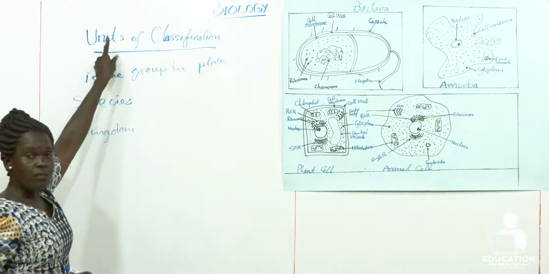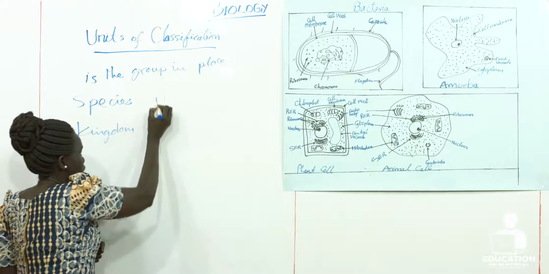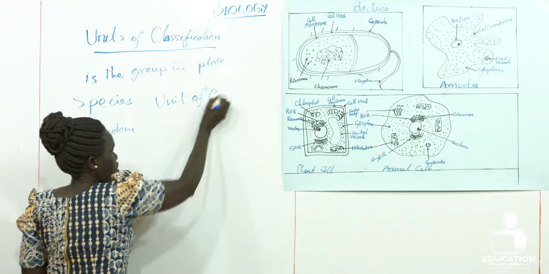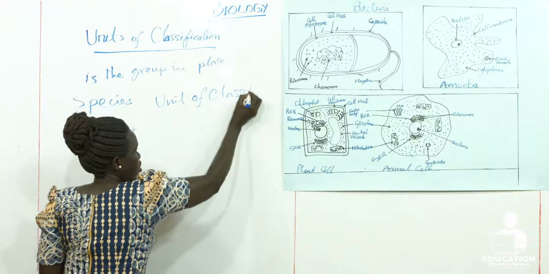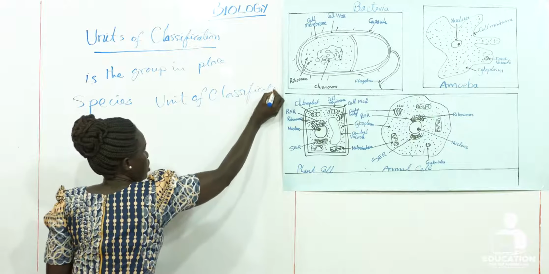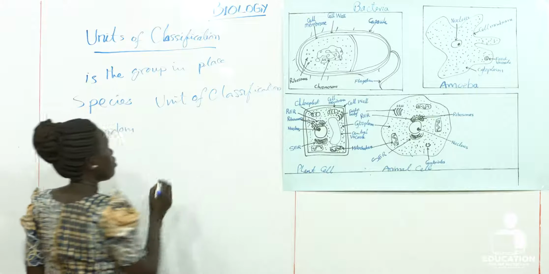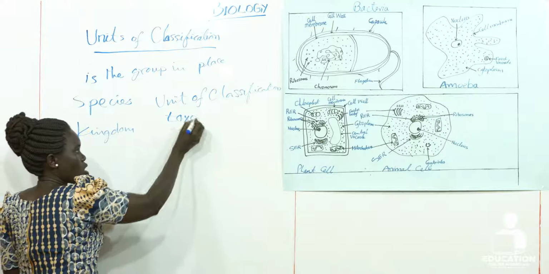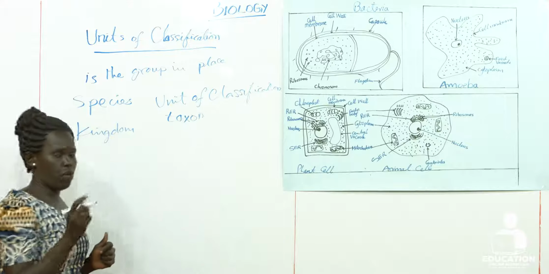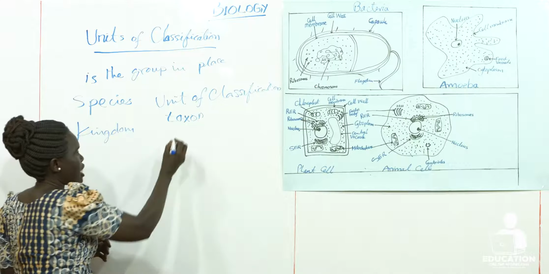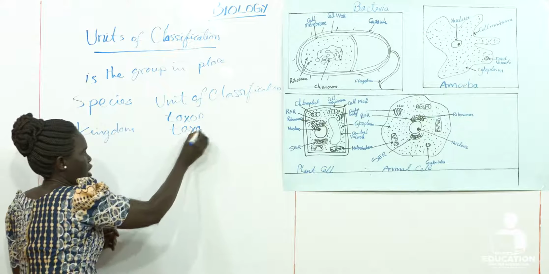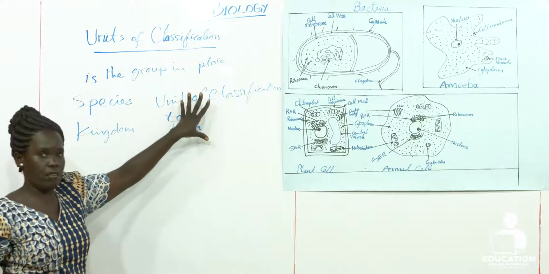The unit of classification, which is a group, can be called a taxon if it is single. If it is plural, taxa. Taxa means units of classification.